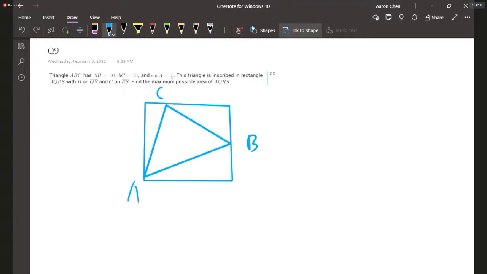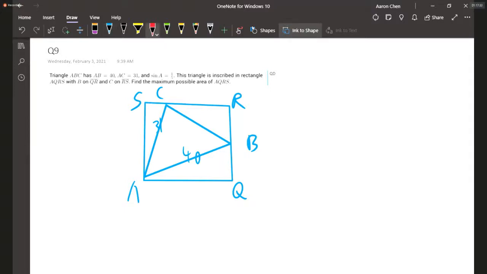And so the rectangle would look like this. This is Q, R, and S. This is 40 and this is 31. And so you want to find the maximum possible value of the area of AQRS.